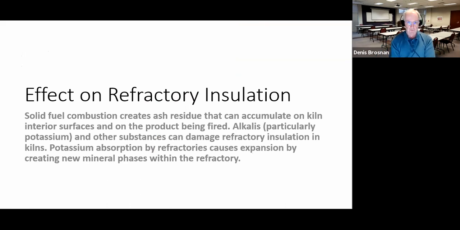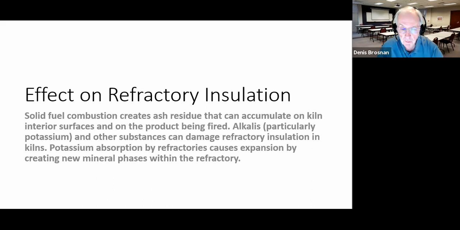Now we also have to talk about the effects of solid fuels on refractories. This is a particular problem with wood ash, since it contains potassium, and potassium can attack the refractories.